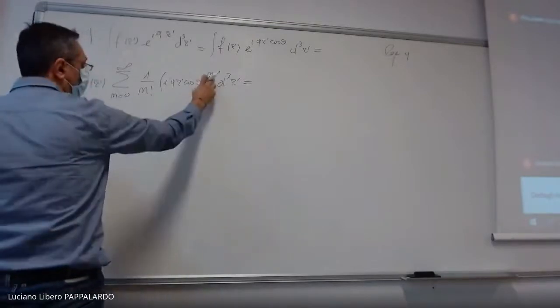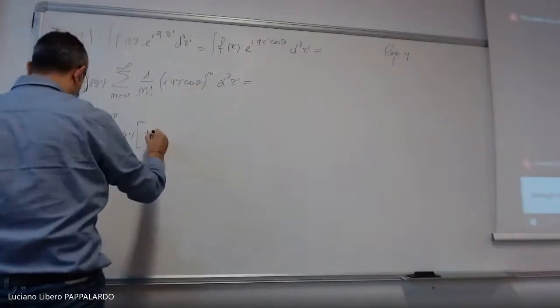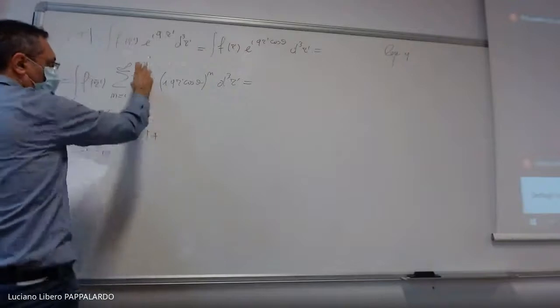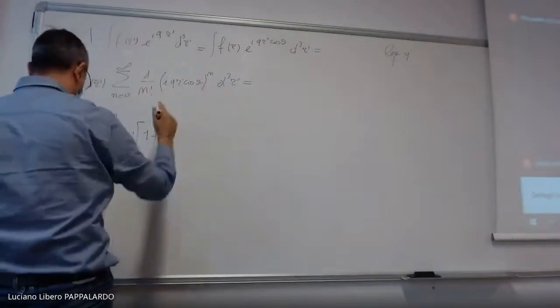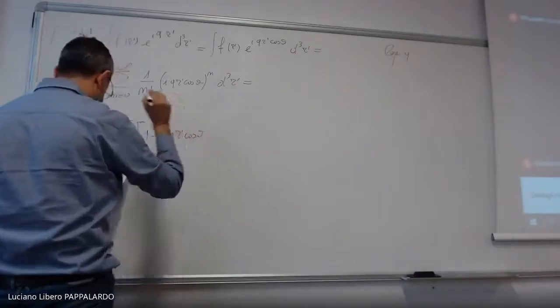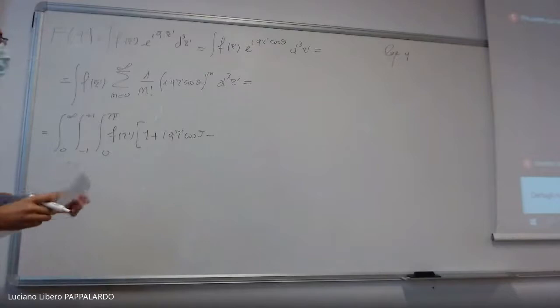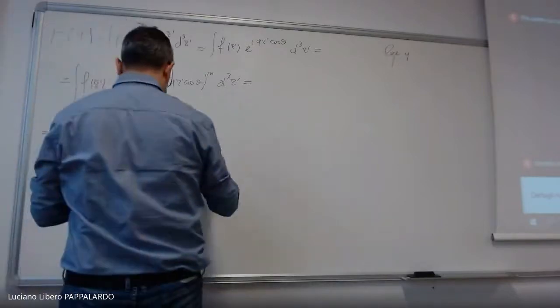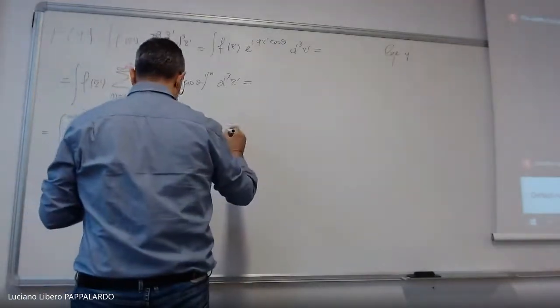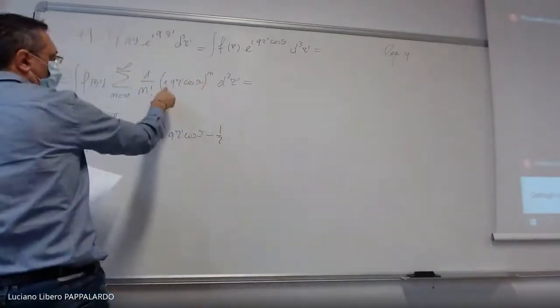When n is equal to 0, everything is 1. When n is equal to 1, we have this quantity here, i Q r prime cos theta. When n is equal to 2, then we have 1 over 2, and then we have to square this. The minus sign comes from the square of i.